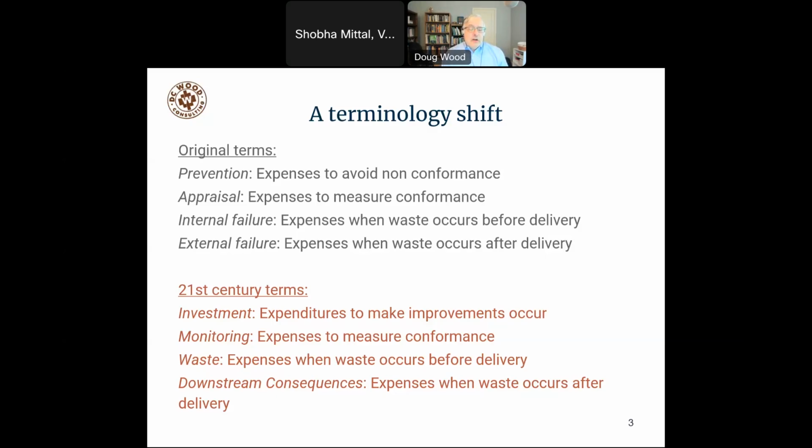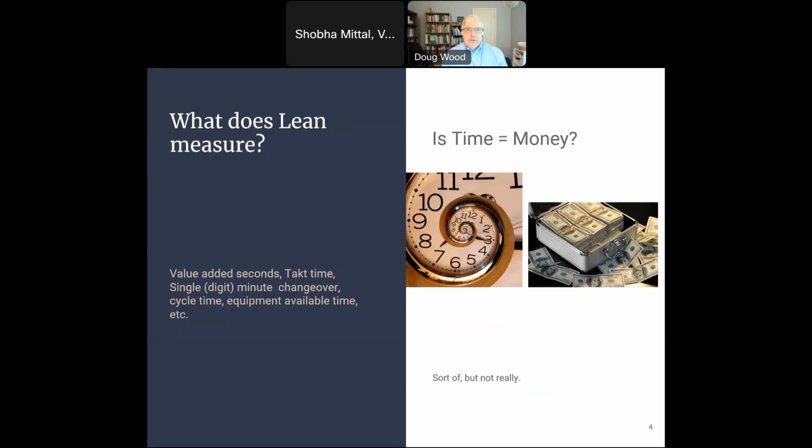That's a much broader definition. This is things that happen after you've delivered, after you've completed your service. These are expenses that occur much later. So this terminology, investment, monitoring, waste, and downstream consequences, I think basically cover the ground a lot better than the older terms.